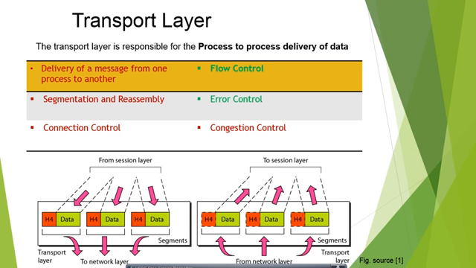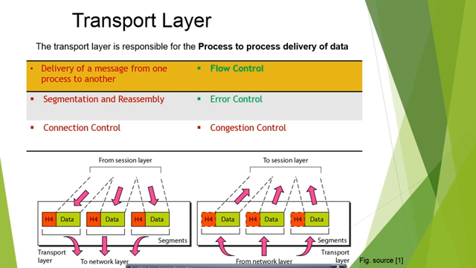In this figure we can see the relationship of the transport layer with the session layer and the network layer. The data coming from the session layer is received at the transport layer, and after adding its header information, it is forwarded to the network layer.